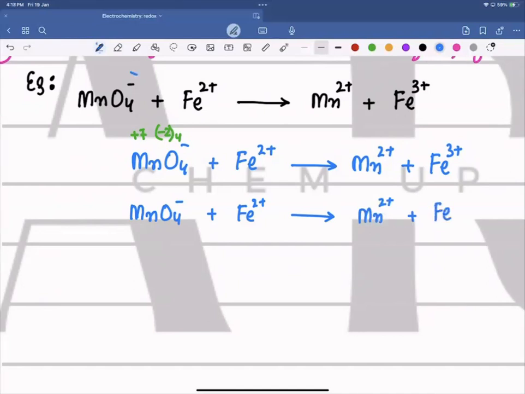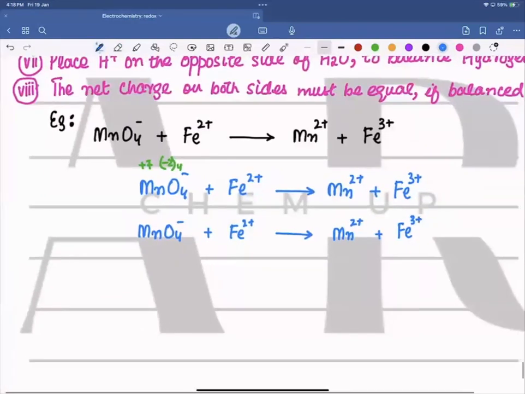No, because it's a negative ion. So there the net charge is -1. And if there is no charge over here, there is no minus over here, then Mn would be -8. Because we have to get equal to the negative charge, right? Okay.